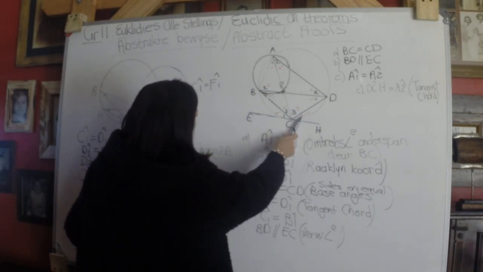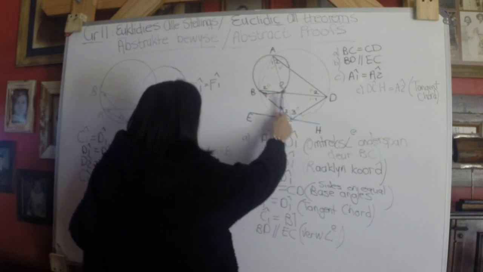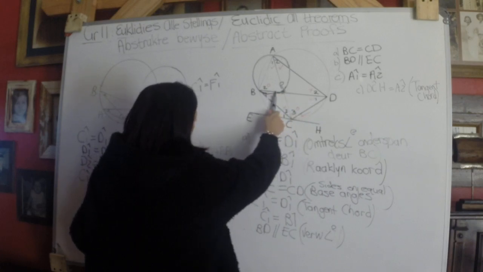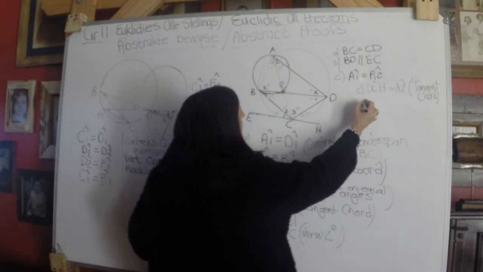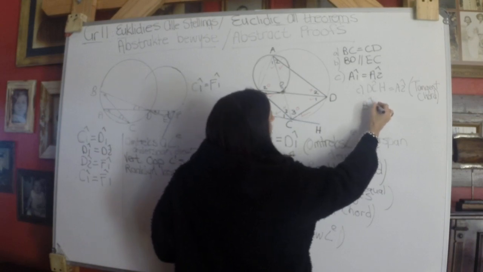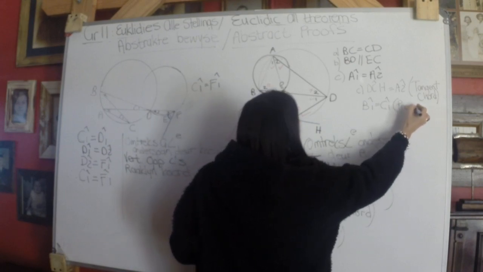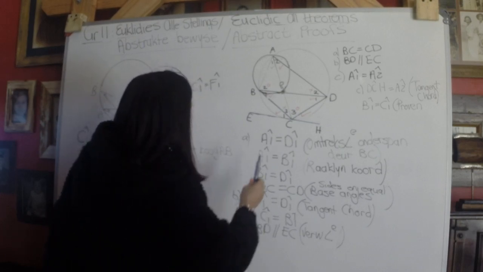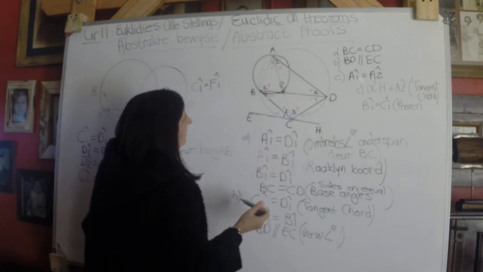Then I can also say that that one equals that one. These two are equal. B1 equals C1. I've proven that already. And B1 equals D1.